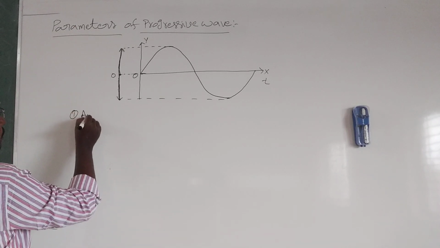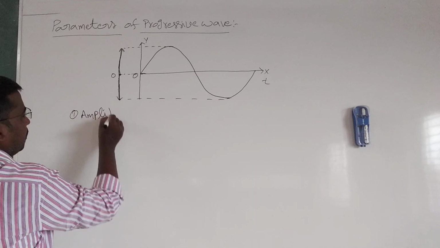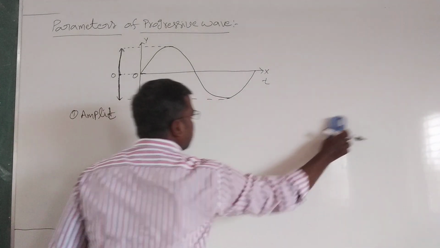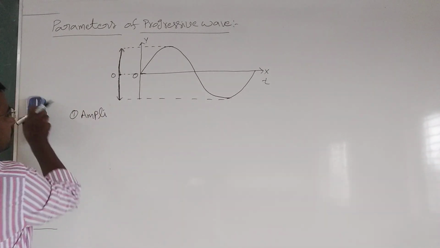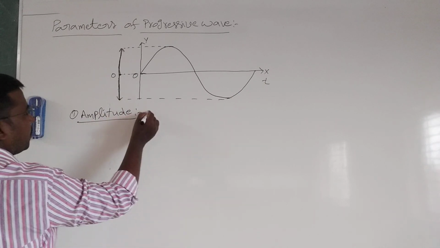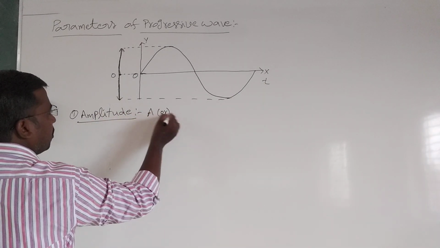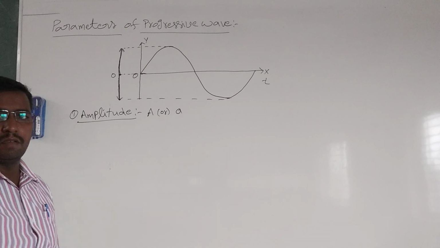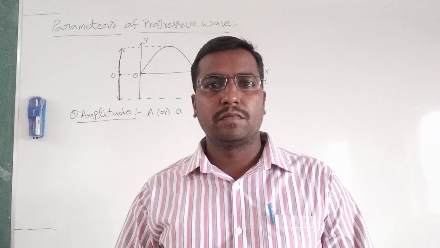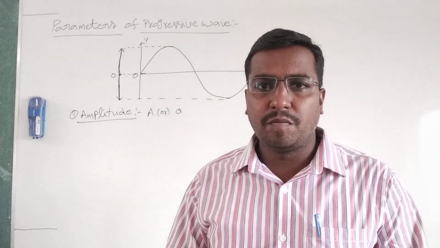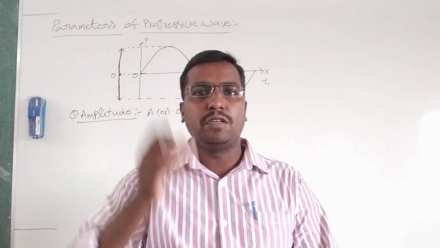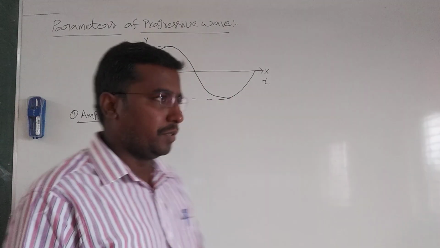One is amplitude. It is represented by capital A or small a. So what is the amplitude? The maximum displacement of the vibrating particle from its mean position is called amplitude.